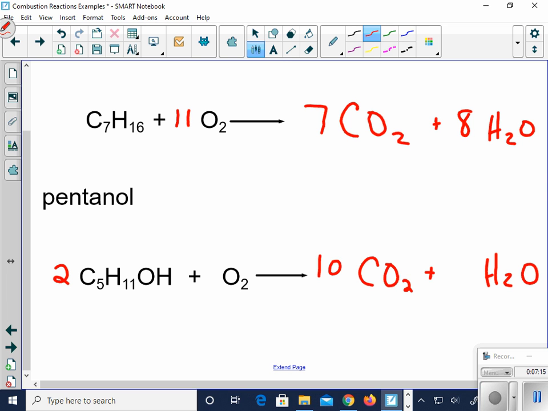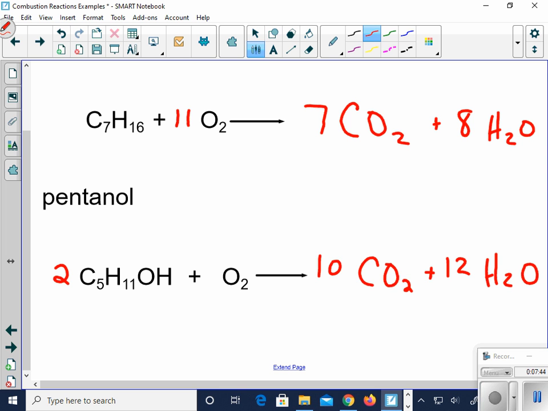Yeah. Big numbers still work, just so they're balanced. I can have any number. It's a big one, but my carbons are now balanced. Hydrogens. 11, 12. 12 times 2 is 24. Put a 12 there. I have 24 hydrogens.